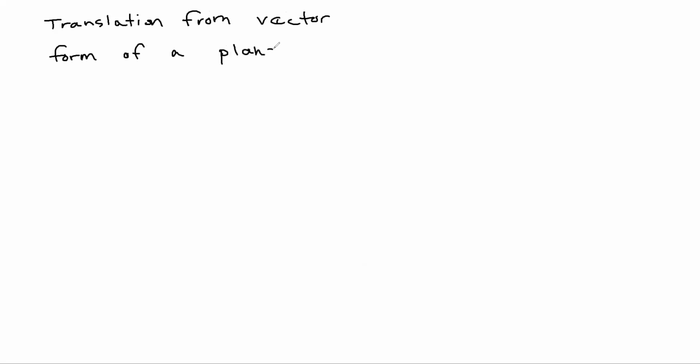In order to transition, we want to translate this from the vector form of a plane to what I'm going to call the general form of a plane. How do we do that?